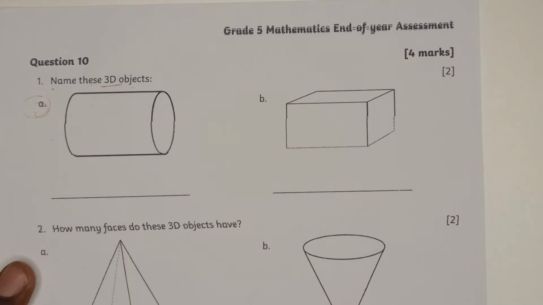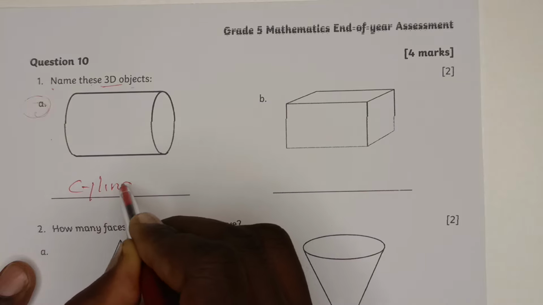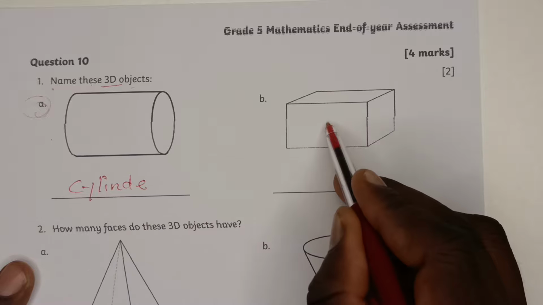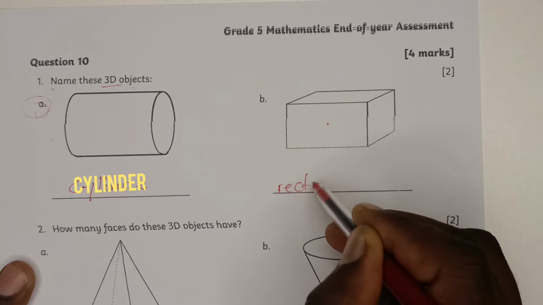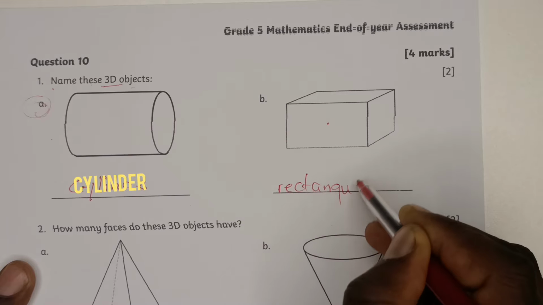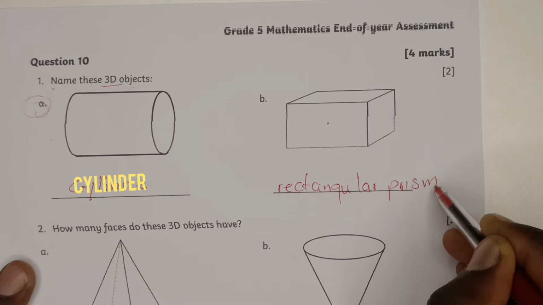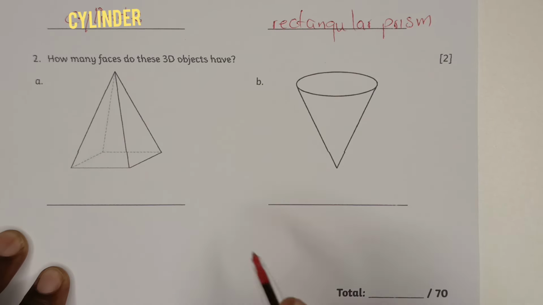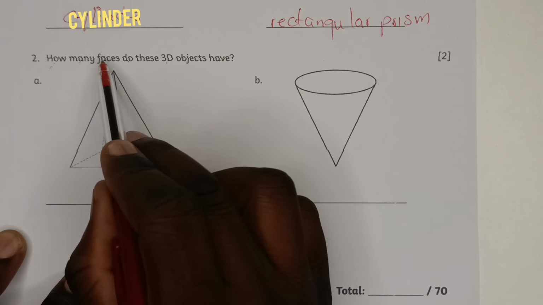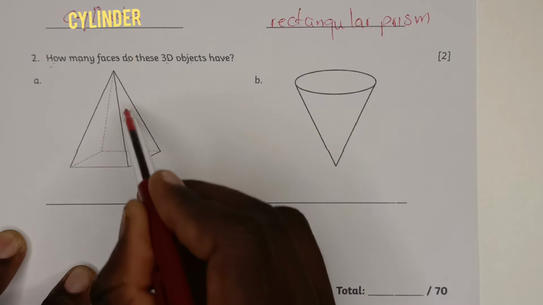A. What is this 3D object? This is a cylinder. What is this? This is a rectangular prism. Question 2 says, how many faces do these 3D objects have?